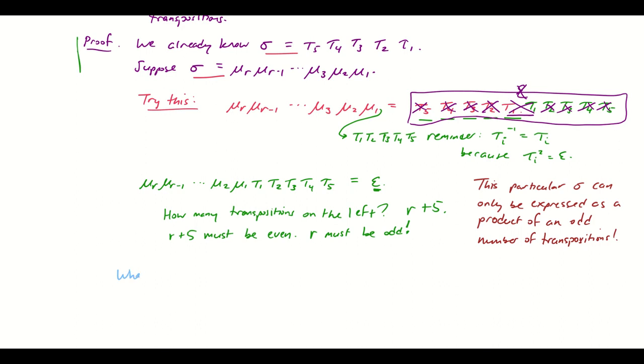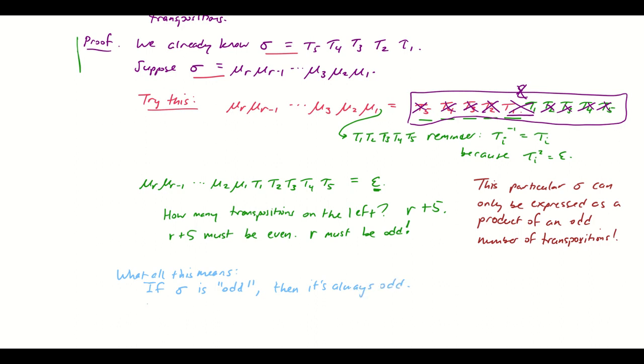But what all this means is that if sigma is odd, and by odd in quotation marks right now, I mean it's expressible as a product of an odd number of transpositions, then it's always odd. It can't escape being odd.